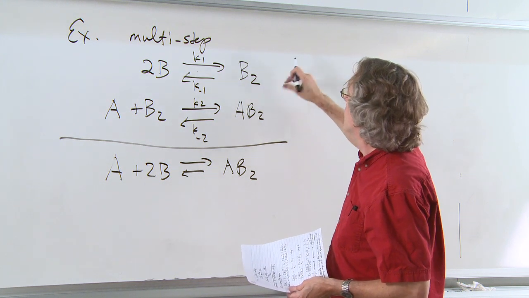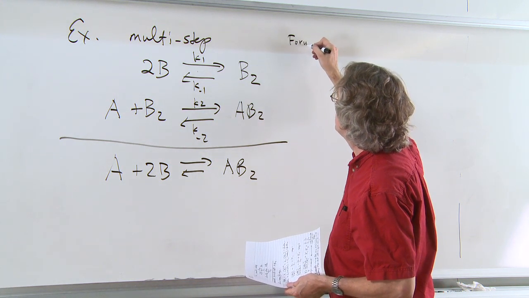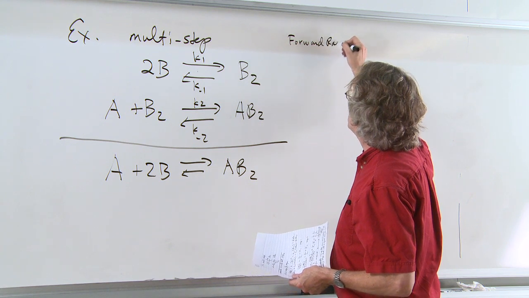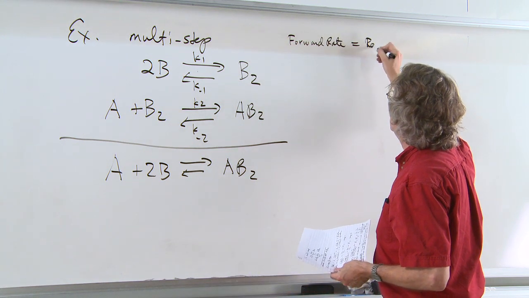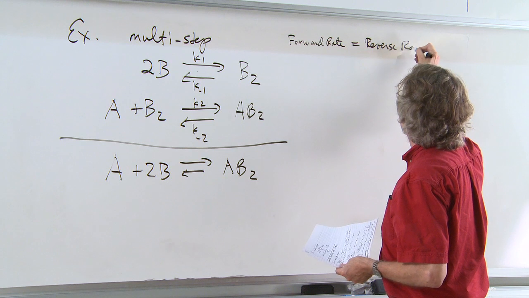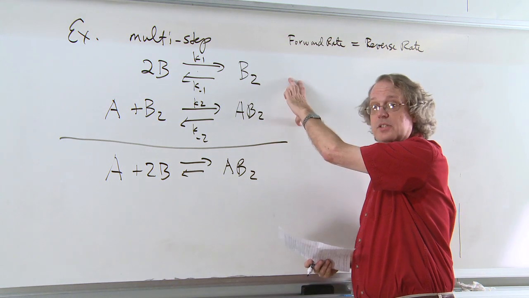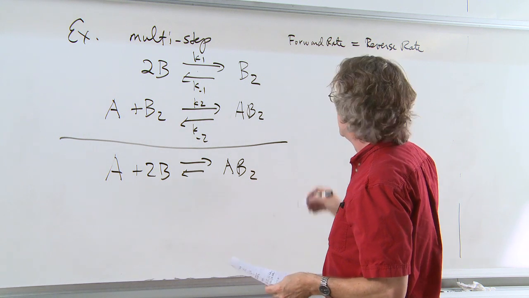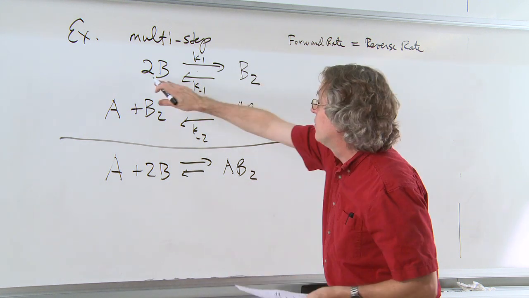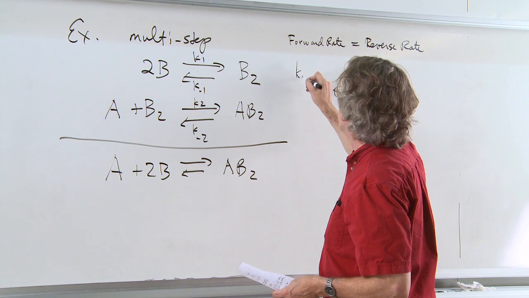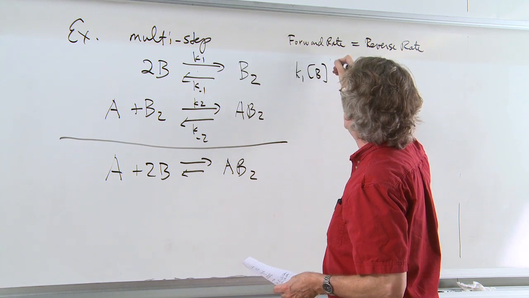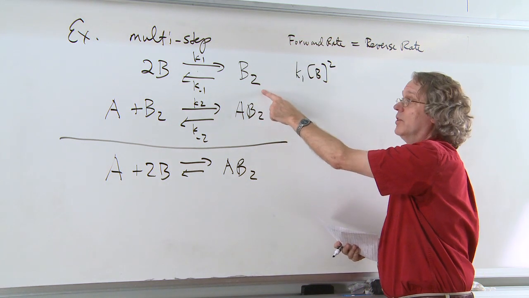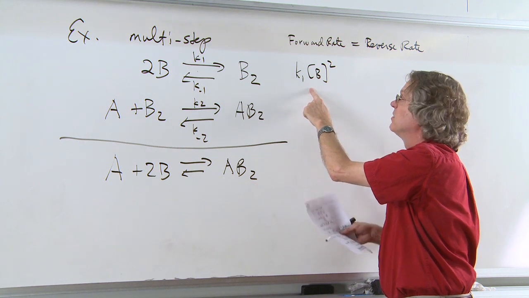We're going to write the forward rate for each of these steps as being equal to the reverse rate. That's going to give us two expressions here that we can combine to see how they relate to the equilibrium expression. So in this case, I'm going to say the forward rate is k1 times B squared. That comes from understanding how to write the rates for these elementary steps.